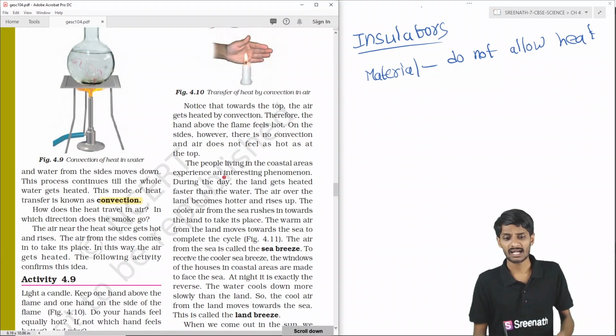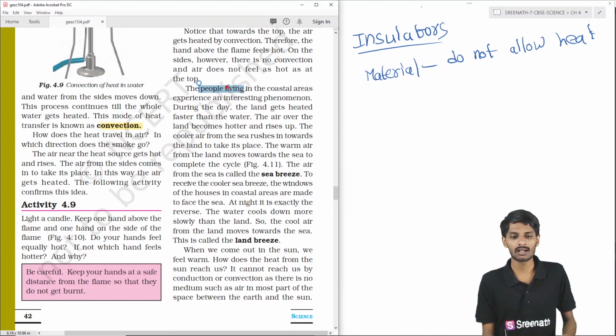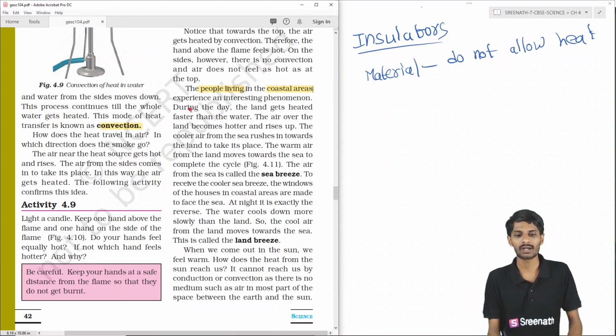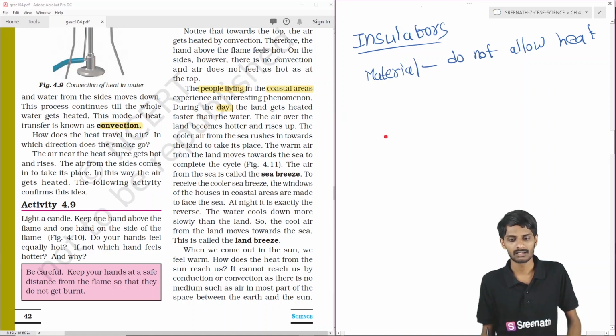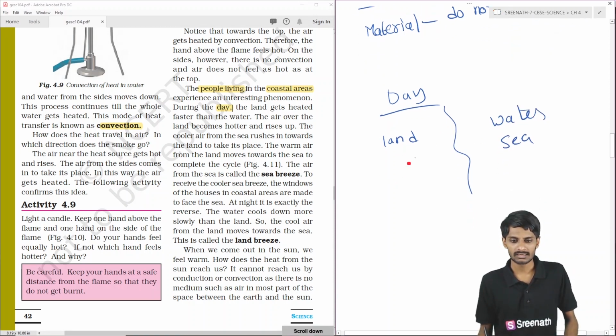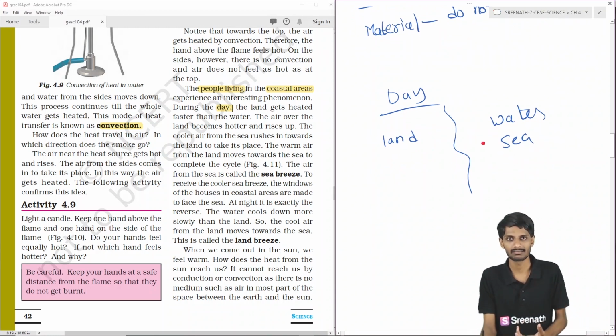Okay students, sometimes the people living in coastal areas will observe some interesting phenomena. So what happens during the day, students? Land and water, so this is the sea now. This land is heated up much faster than the water during the day.